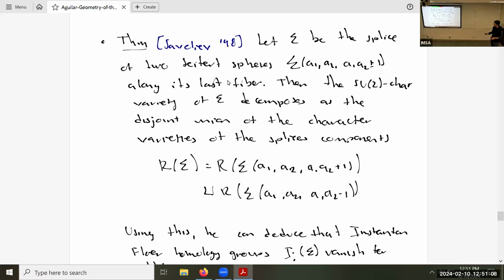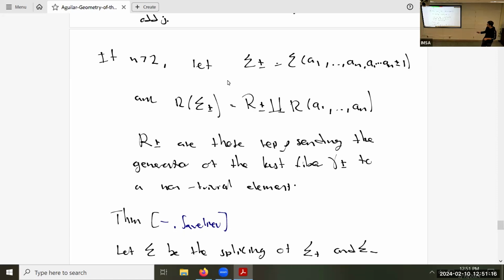And so using this, he can conclude that the instanton homology groups vanish for odd degree.